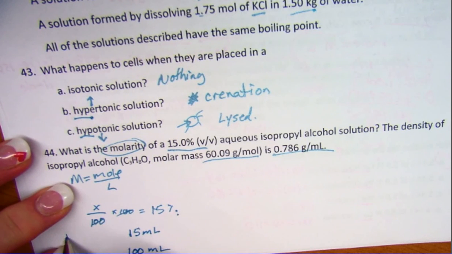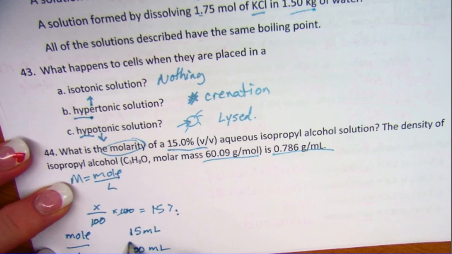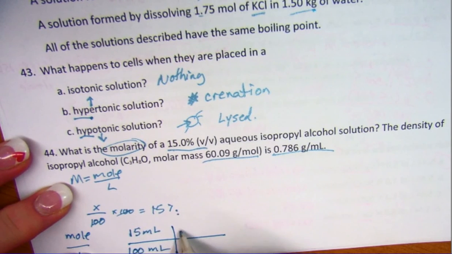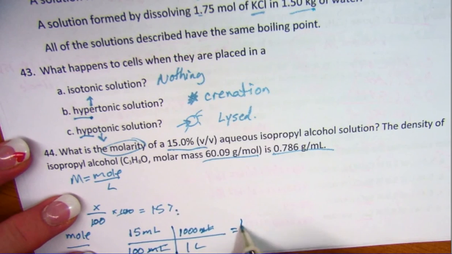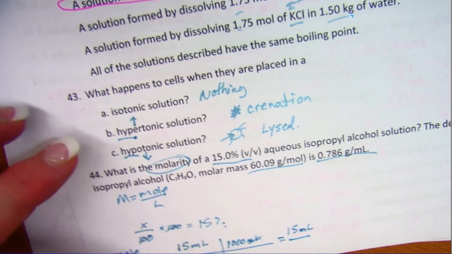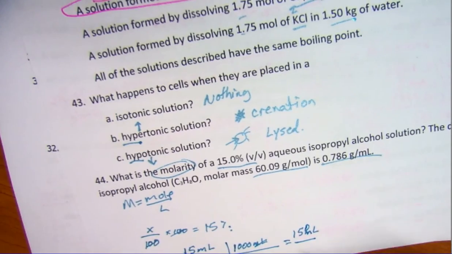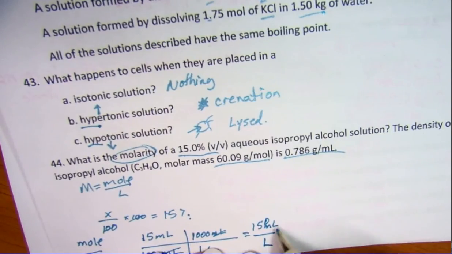Well, I want the top to get to moles, and I want the bottom to get to liters. So that's really easy to do for the bottom. There's 1,000 milliliters in 1 liter. Boom, boom, and we're in liters. So now I've got 15 milliliters over, well, I probably should, 150 milliliters over a liter.